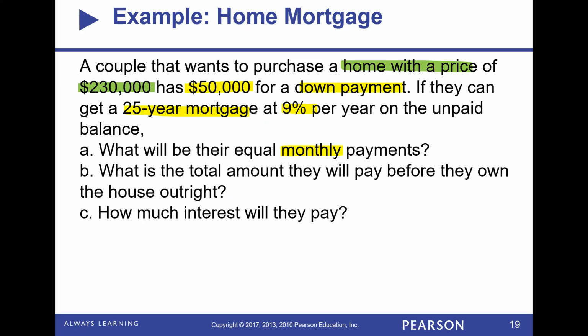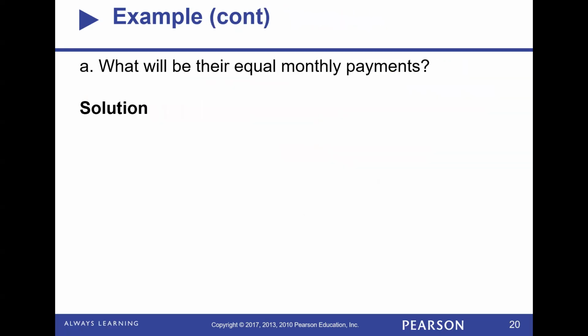To start us off, this right here is not my loan price. This is my house price. That's how much I'm actually paying for the house. But I'm putting this money down first, and then I'm getting a loan. So when I ask for their equal monthly payments, it's not on $230,000. It's actually on something smaller.